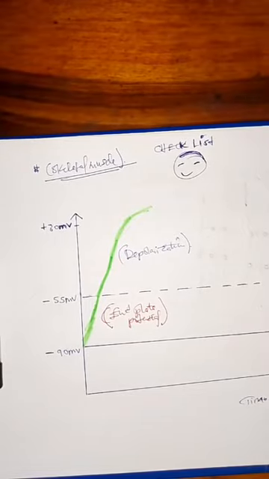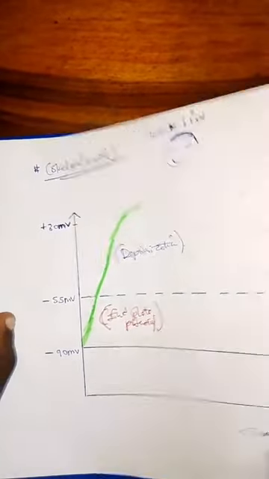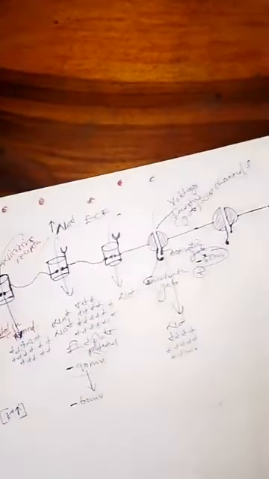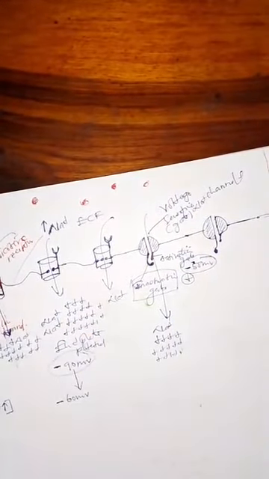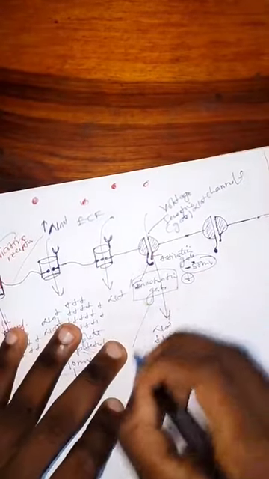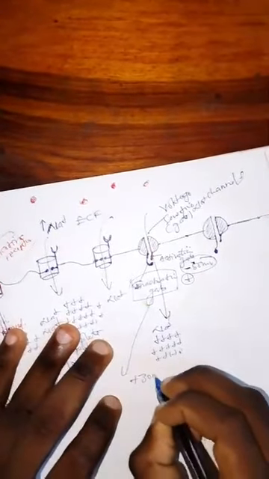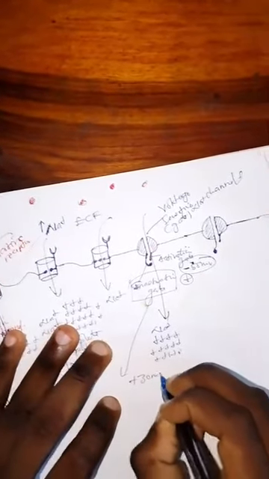Now I've shown you the function of the activation gate. What's the function of the inactivation gate? This inactivation gate is the one which blocks the sodium channel when we reach positive 30 millivolts, so that sodium influx can't occur.